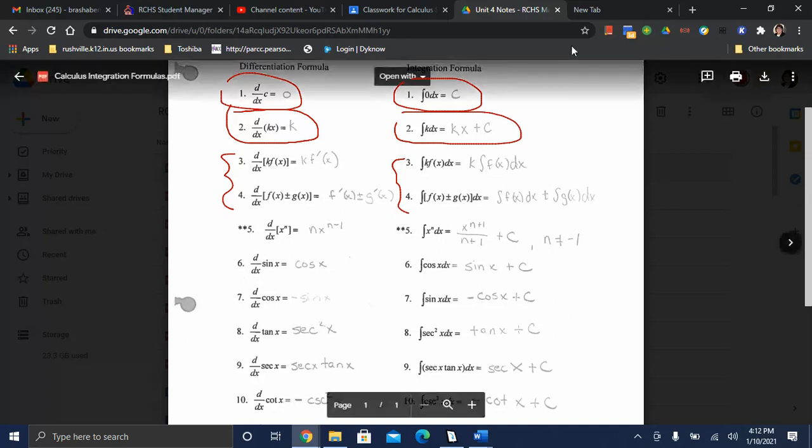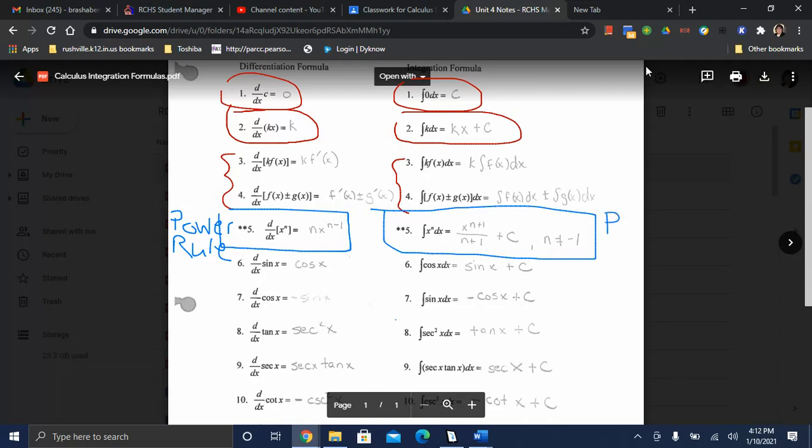It is distributive for you to integrate the f of x and then the g of x. So number 5 on the differentiation side is your power rule. And so we have a power rule for integration as well. Okay, so this is your power rule for derivatives, and this is your power rule for integration.